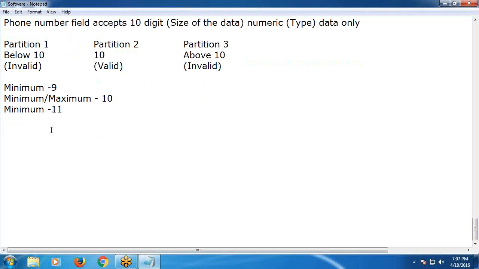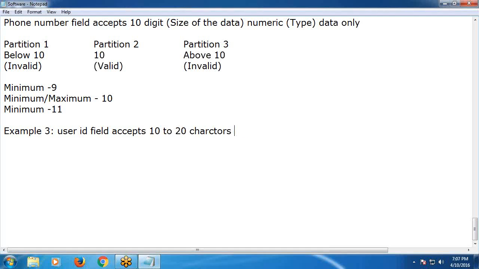Observe one example: user ID. Observe, Rahman. The user ID field accepts 10 to 20 characters long.